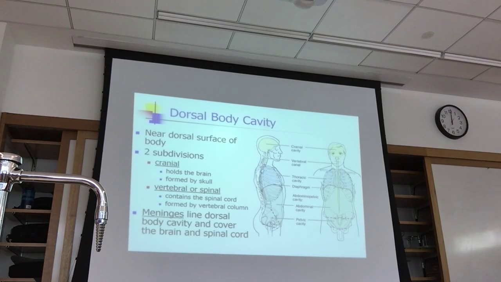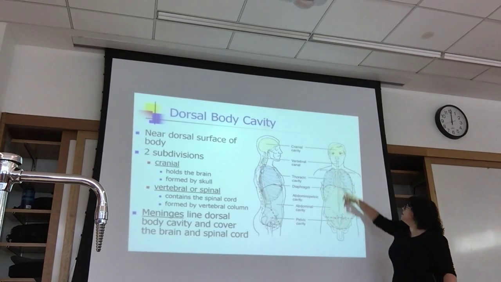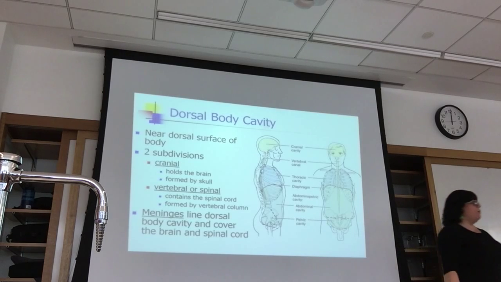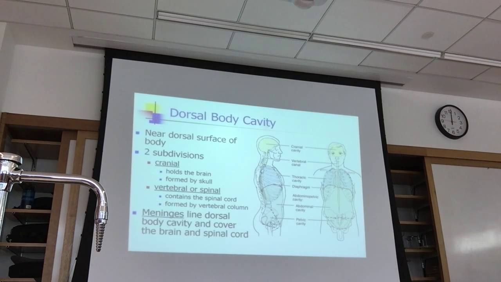Brain. Cranium, right? Good. And the spinal or vertebral body cavity, that includes the spinal cord, the vertebral column. Yellow colored area here, that's all on the back of the body. It's all posterior. So it's the dorsal body cavity.